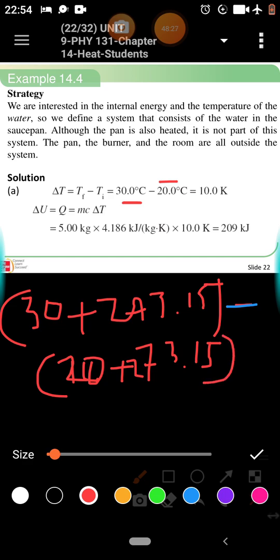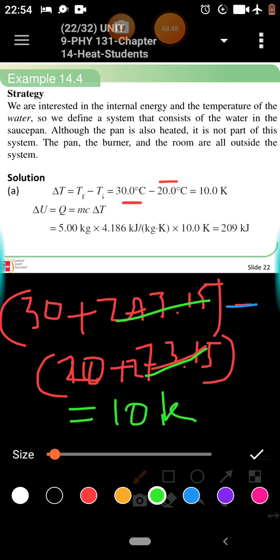You can see that the 273.15 will cancel, so it will be the same as 30 minus 20, which is simply 10. That's why it's 10 Kelvin.